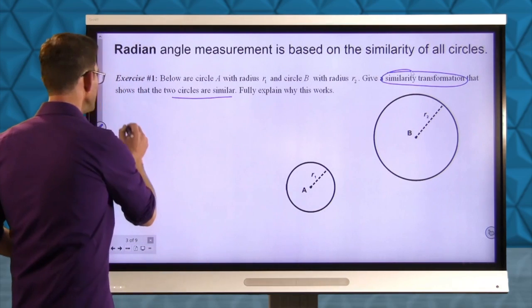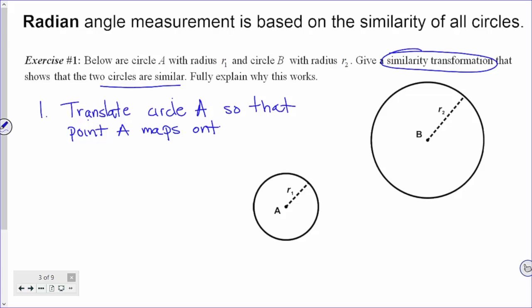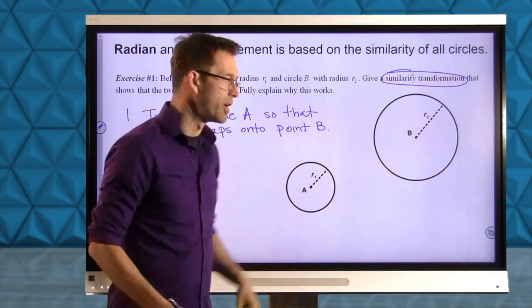Step 1, perhaps we should translate circle A so that point A maps onto point B. In other words, I'm going to take this circle and translate it over here.